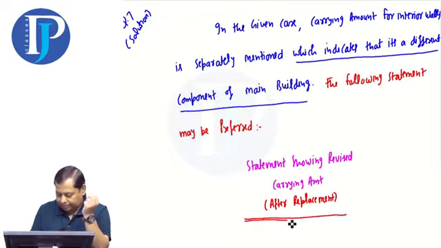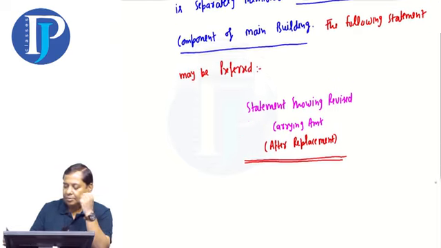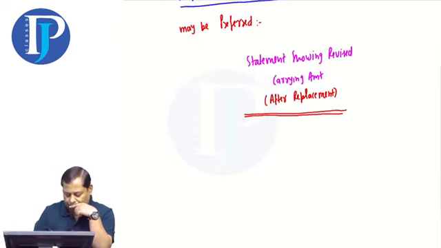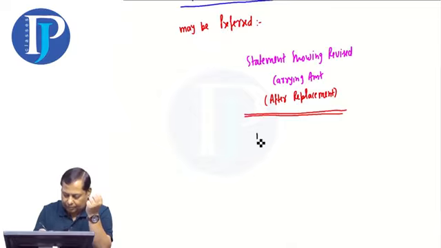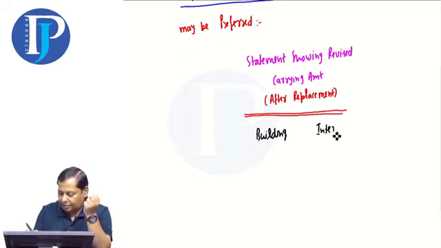After replacement, how will you do it? Take building, then we have the interior wall. First a building, then we have interiors, and then total.